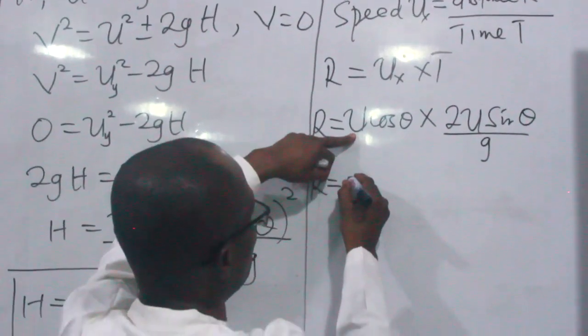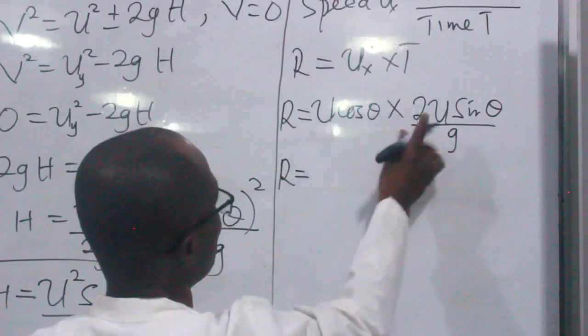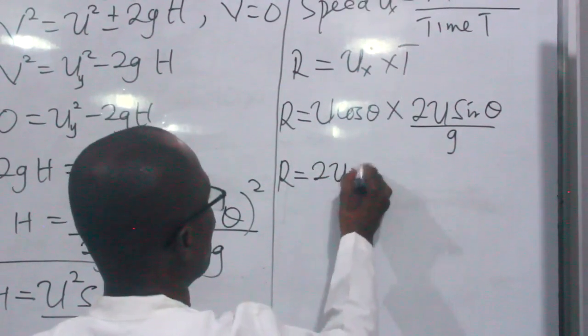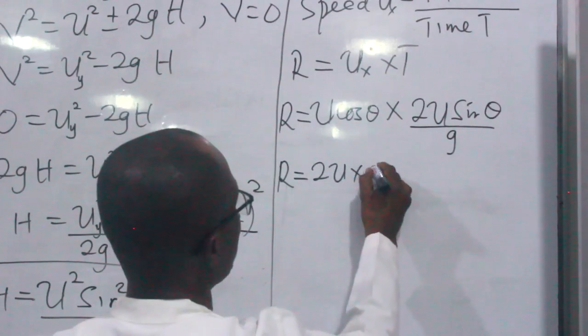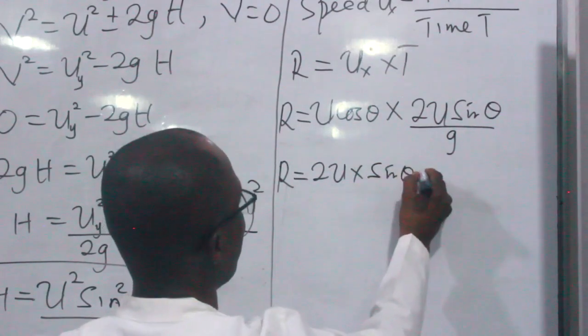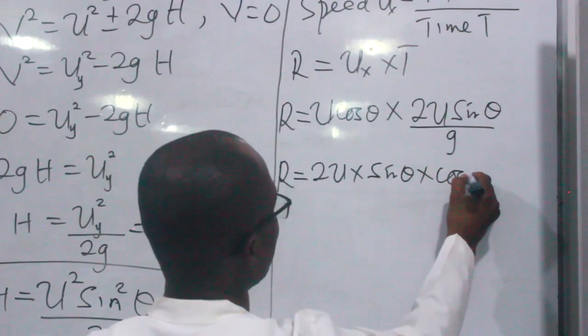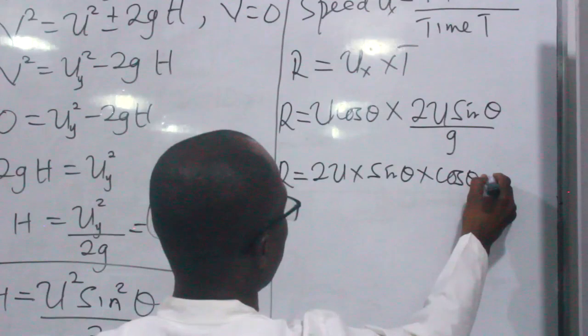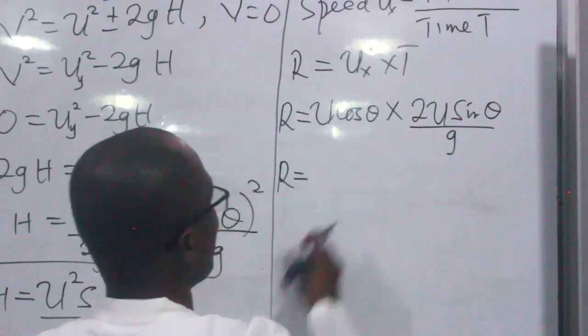So simplifying this, I have the range R equals 2u multiplied by u, let's say sine theta times cos theta. If you decide to use the double angle, it will be much easier.